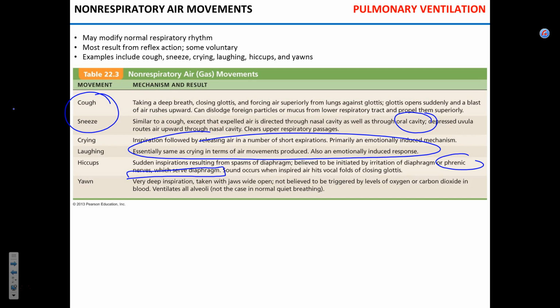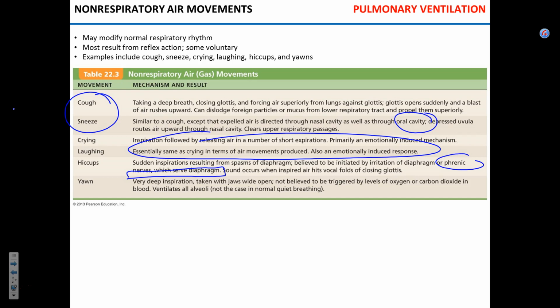Yawning. The mechanism that triggers yawning is unknown. Nobody knows why if one person yawns, everybody else yawns. As a person who used public transportation a lot as a student, when you ride the very early morning bus or subway train, everybody's sitting there and it's fairly empty. One person yawns and it's hilarious because the entire bus or train, like a domino effect, everybody starts to yawn.